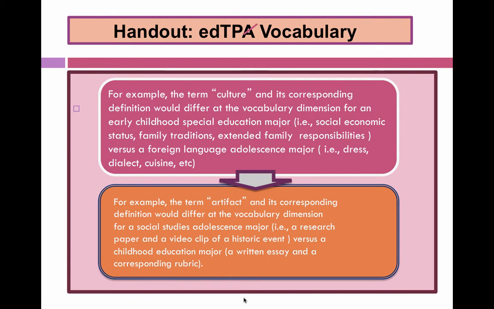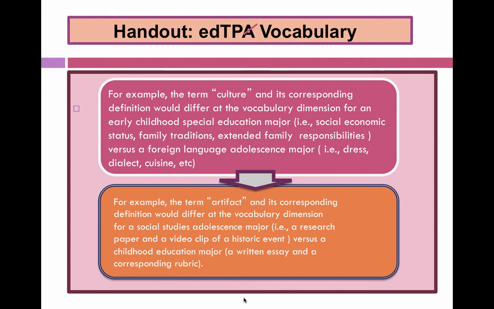For example, the term culture and its corresponding definition would differ at the vocabulary dimension for an early childhood special education major, for example, socioeconomic status, family traditions, extended family responsibilities, versus a foreign language adolescence major: dress, dialect, cuisine, etc. For example, the term artifact and its corresponding definition would differ at the vocabulary dimension.